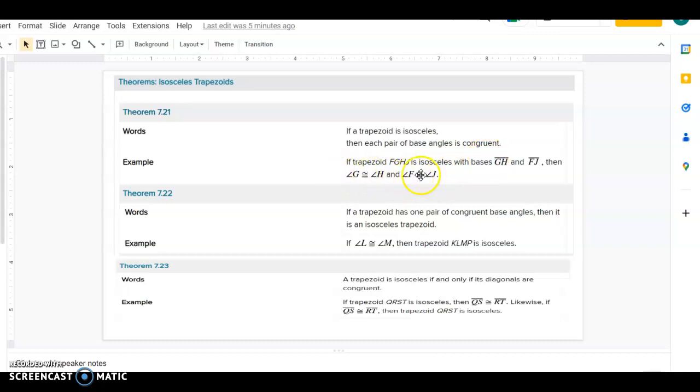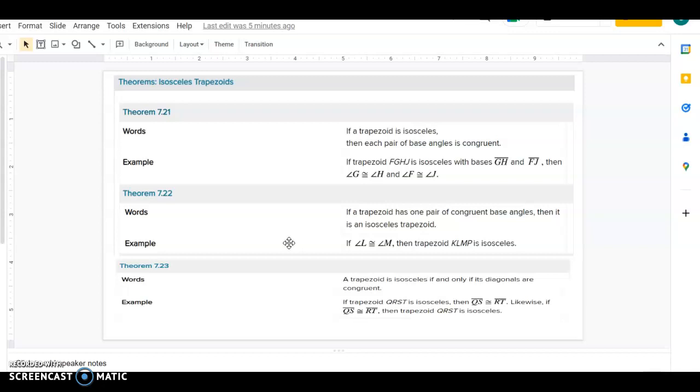So for example, if trapezoid FGHJ is isosceles with bases G and H, so the top sections, then G and H are equal and F and J are equal. Theorem 7.22 says if a trapezoid has one pair of congruent base angles, then it is an isosceles trapezoid. So in that case, if L and M are equal, then the trapezoid is isosceles.